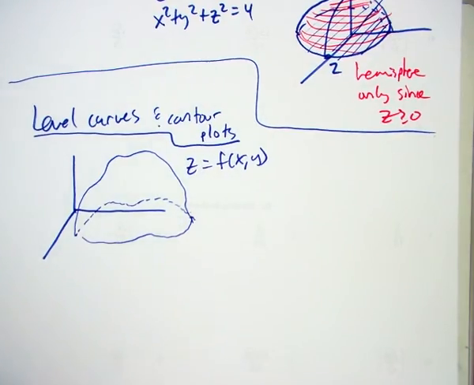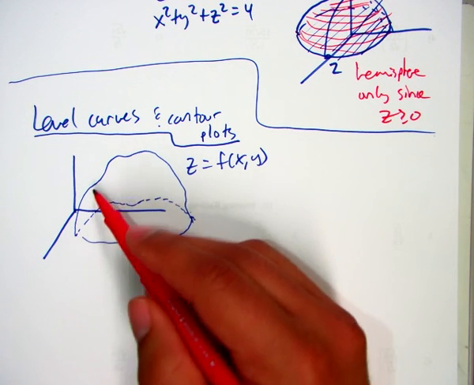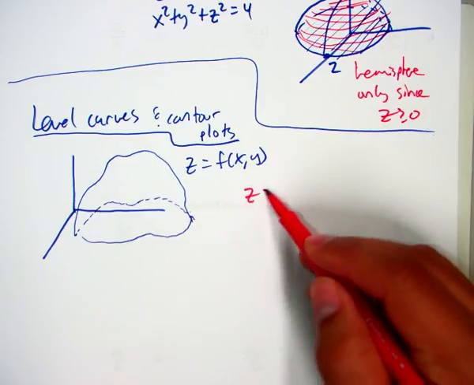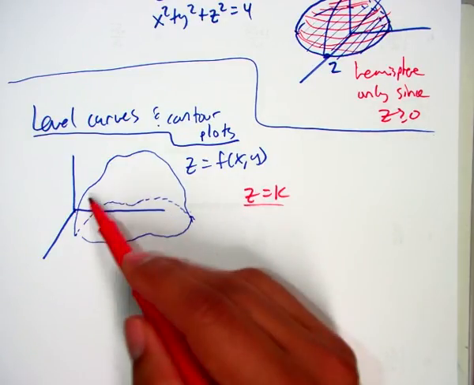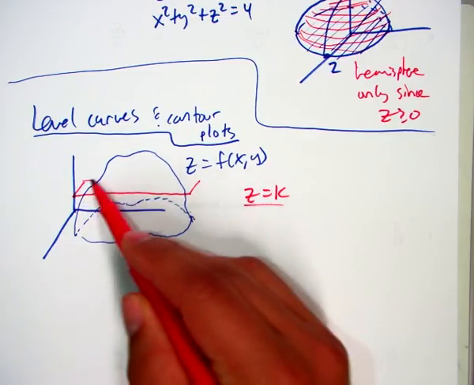And we take a plane at z equals k, and we slice through the surface.